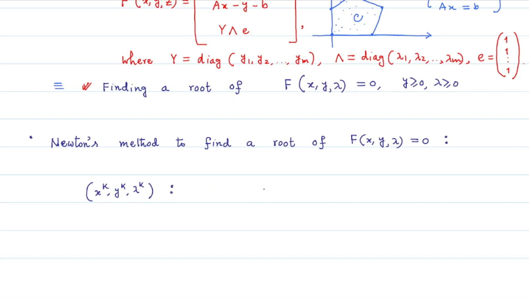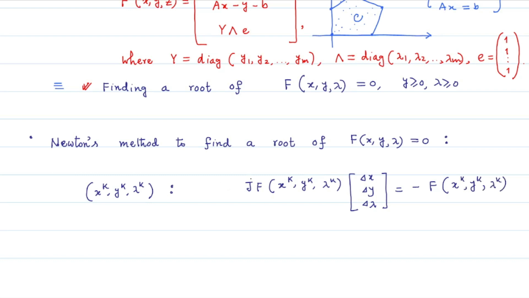You go for solving at the kth iterate the equation given by the Jacobian of the function F at the point xk, yk, lambda k times delta x, delta y, delta lambda is equal to negative of the function value at xk, yk, lambda k.